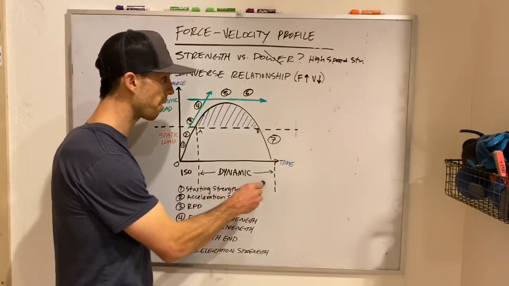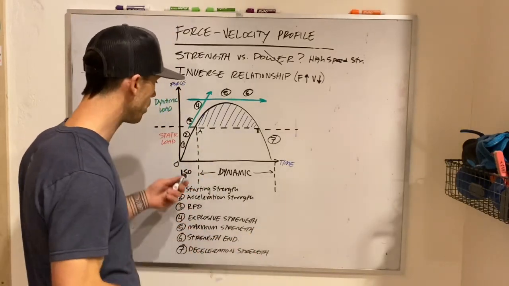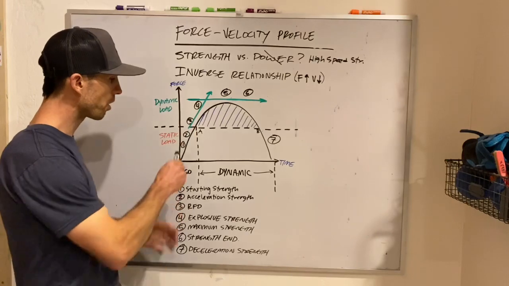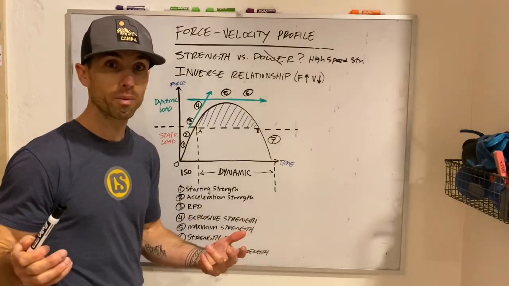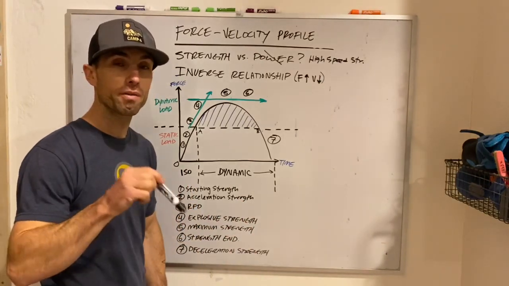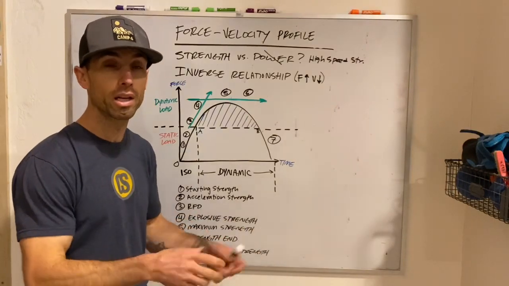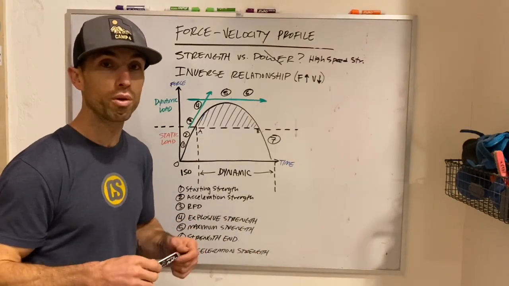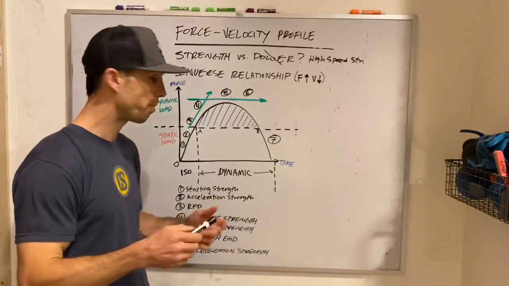And then we have the dynamic phase, which is the actual isotonic movement going through a range of motion. So we look at the force-time curve here. Number 1 is going to be considered your starting strength, right? The starting strength is your isometric muscle strength. That's why specifically targeting isometric movement and isometric strength training can be really productive for improving someone's velocity and improving their high-speed strength and thus their power output.